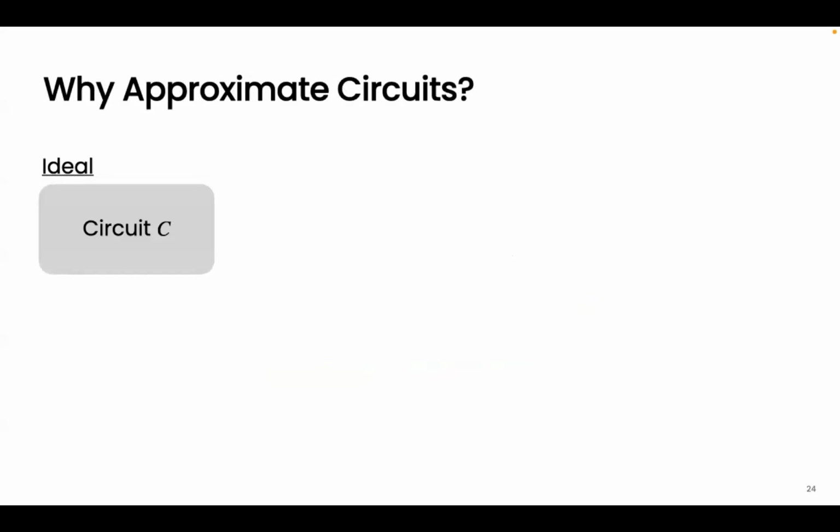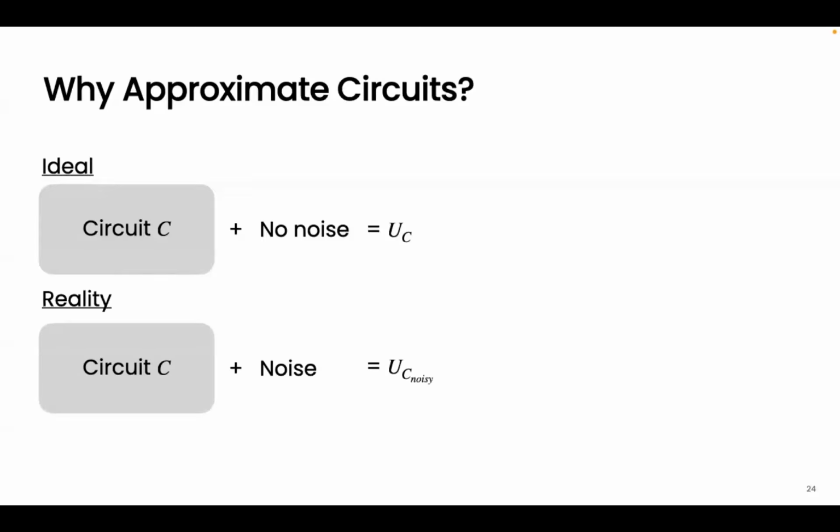And why would this be something that you want to do? So essentially, if I have no noise, if I have a perfect quantum computer and I execute a circuit on it, then what happened is I executed this unitary UC. But the reality is that our computers do have noise. And so the unitary that I've evolved my qubits by is not the same as the ideal one.